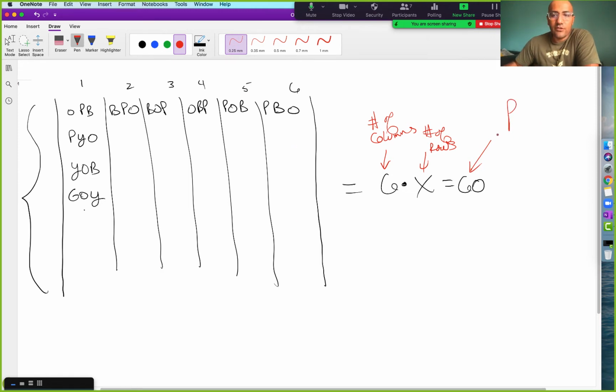This is permutations of 5 choose 3. Now the number of rows in our case was also equal to the number of unique colors when the order doesn't matter.